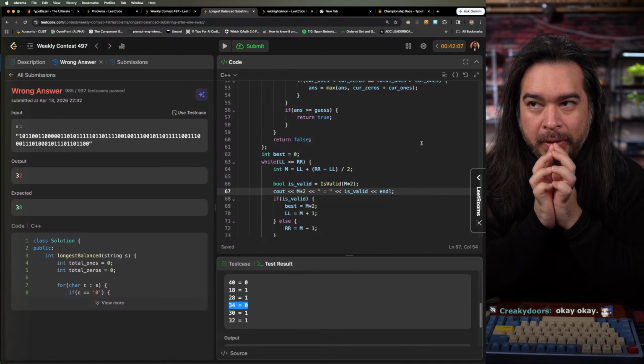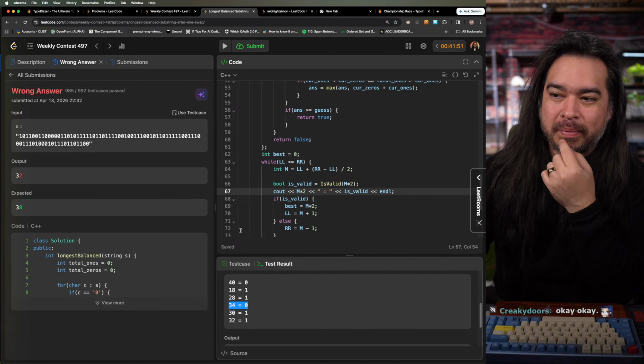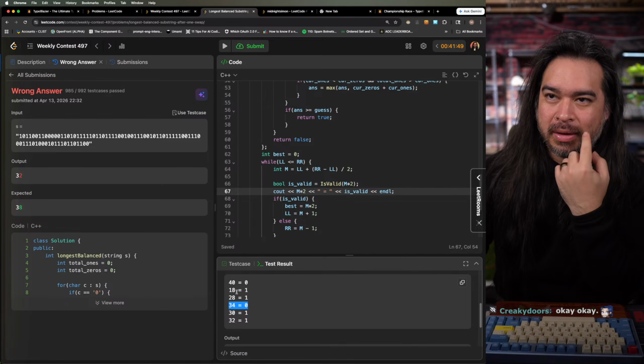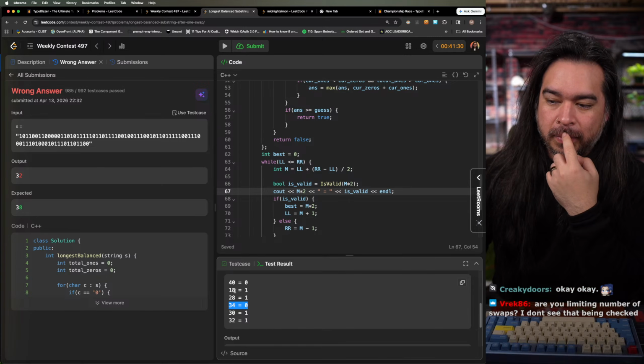Maybe 34 is not possible. Does that make any sense? Yes, maybe binary search is broken because it doesn't always mean... No, that's not true, right? Might be true.